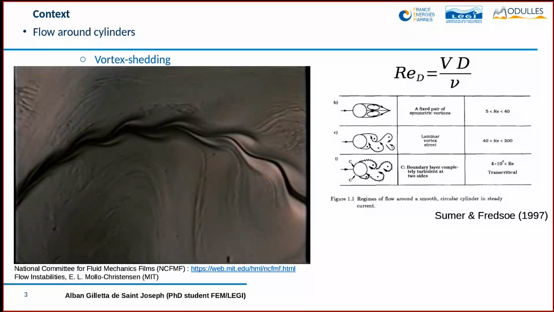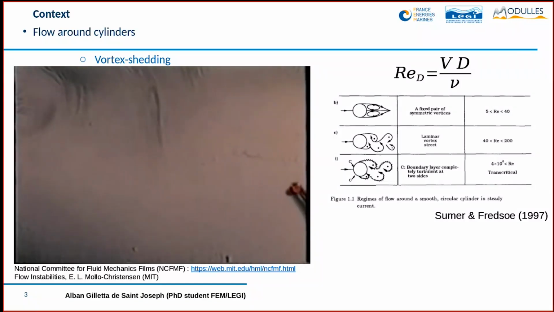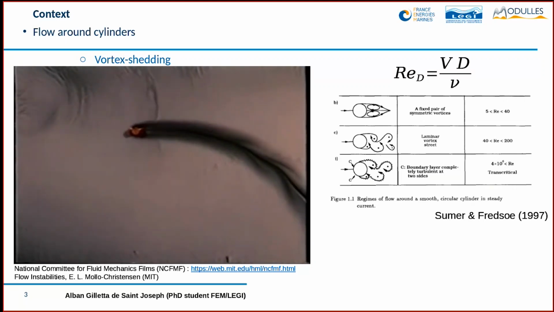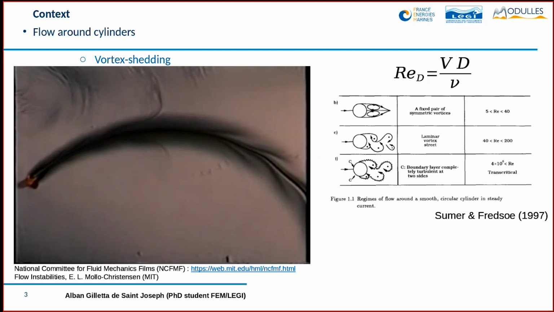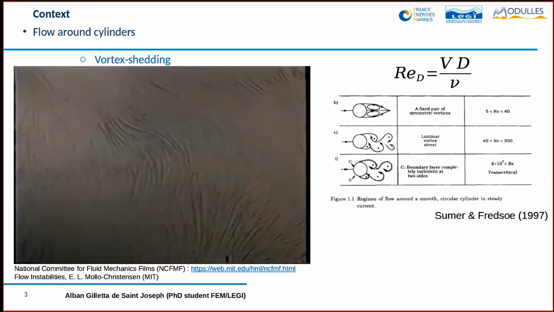In this video, you can see a different configuration of what happens when we place a cylinder in a flow. You can see different types of vortex shedding processes, namely in the wake.